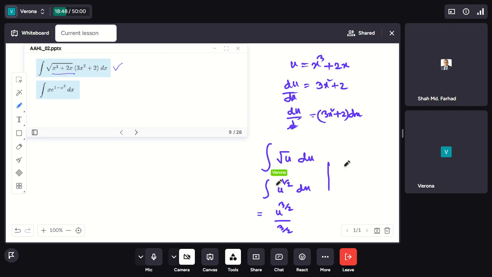So 2 over 3, then we have to substitute u by x cube plus 2x, it will be power 3 by 2, then plus c. Okay, then you are correct. Now can you try the next one?